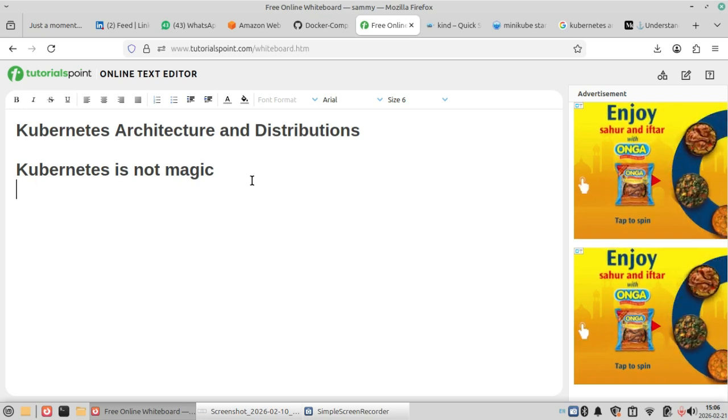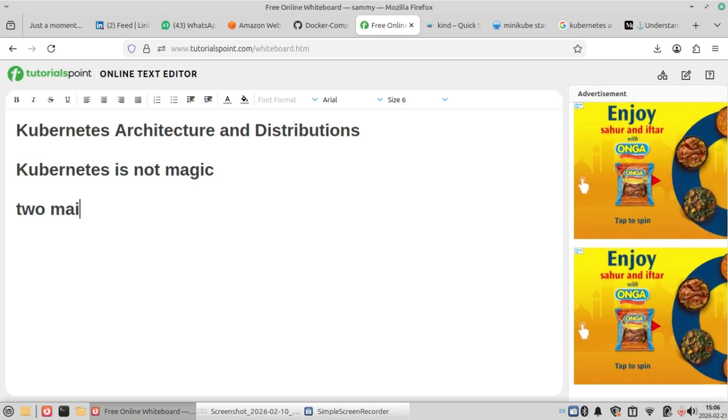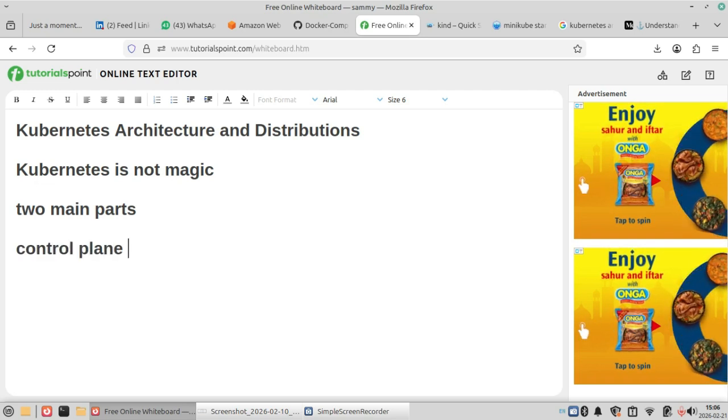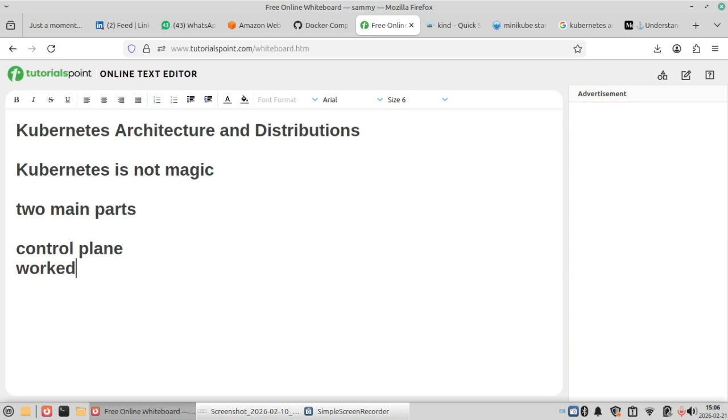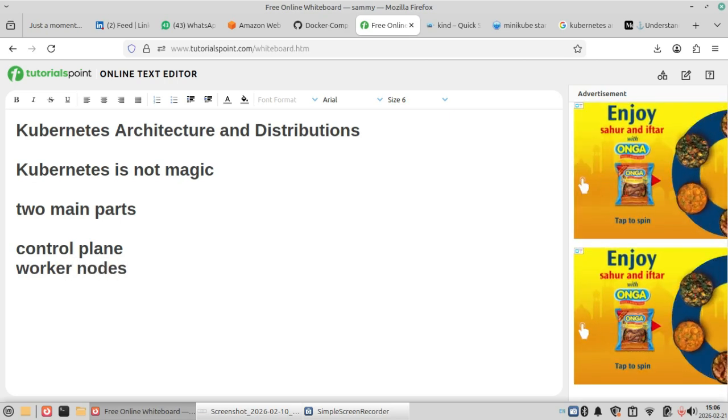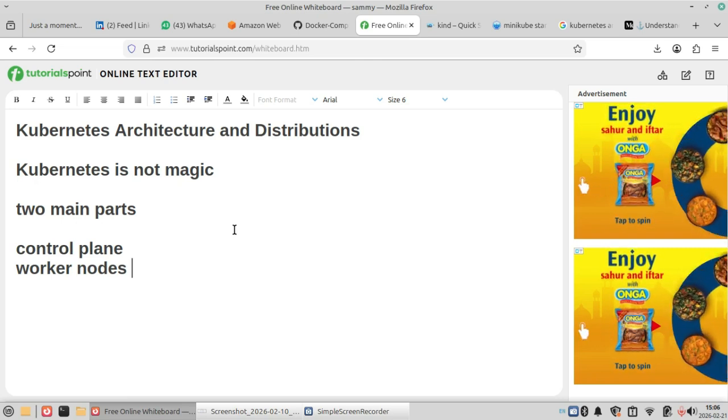All right. So understand that a Kubernetes cluster is divided into two main parts. You have the control plane, then you also have the worker nodes. Everything else fits inside these two ideas.